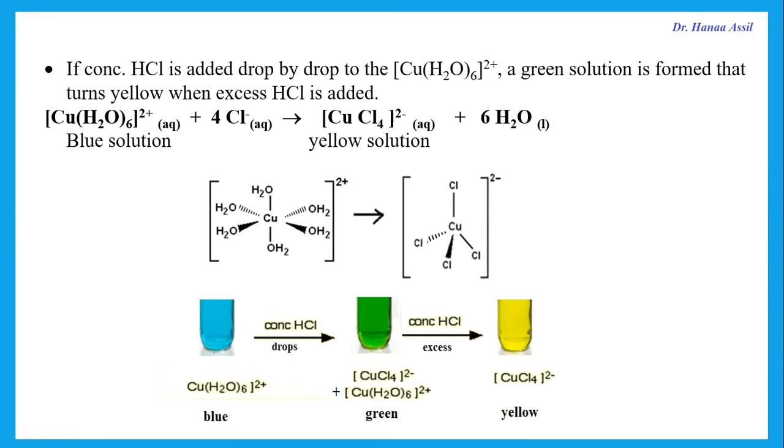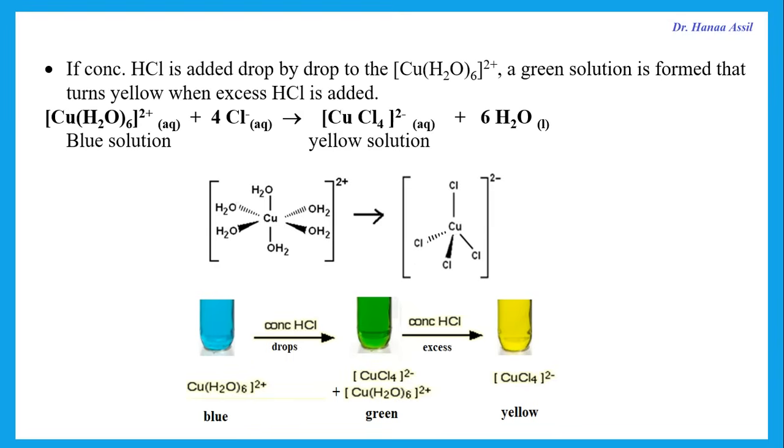If we add HCl to the copper water complex, which we said is blue, it forms the CuCl4 complex, which is yellow. But between the blue and the yellow, when we have drops of HCl added, some of the blue has turned to yellow, so actually they form a green solution.